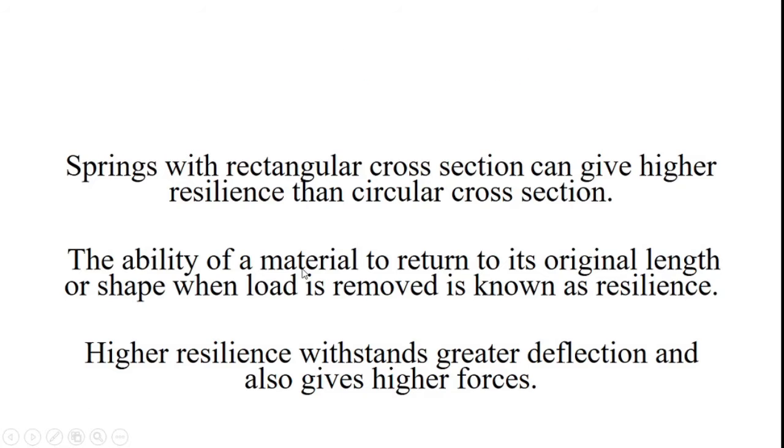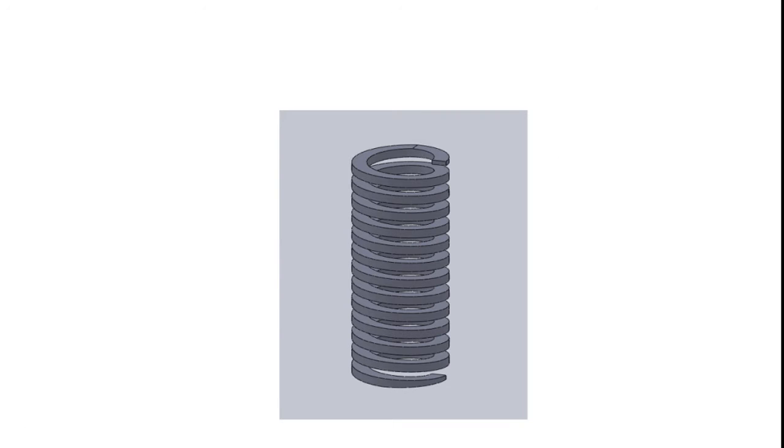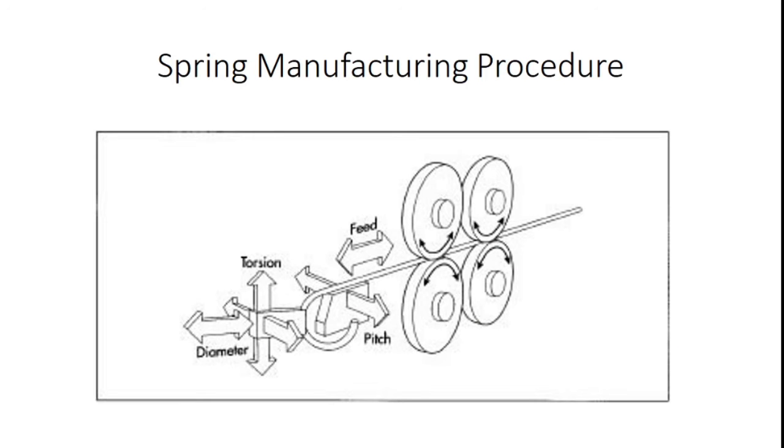So what can we do? We go for rectangular cross-section wires for higher resilience springs. How do I manufacture the rectangular springs? Because the rectangular cross section is not available with the rolling operation. If I utilize rolling, the circular cross section is most suitable because the bending operation does not affect the circular shape.